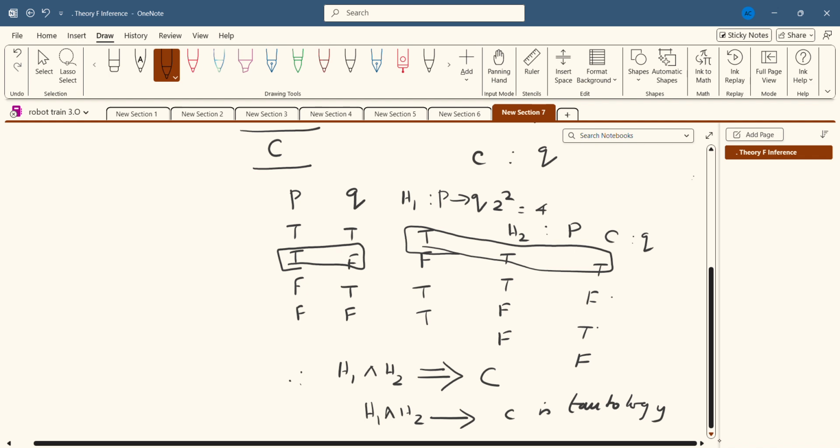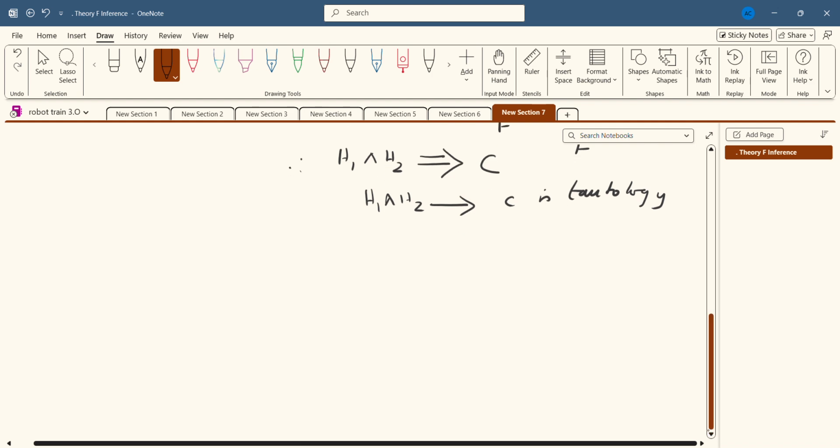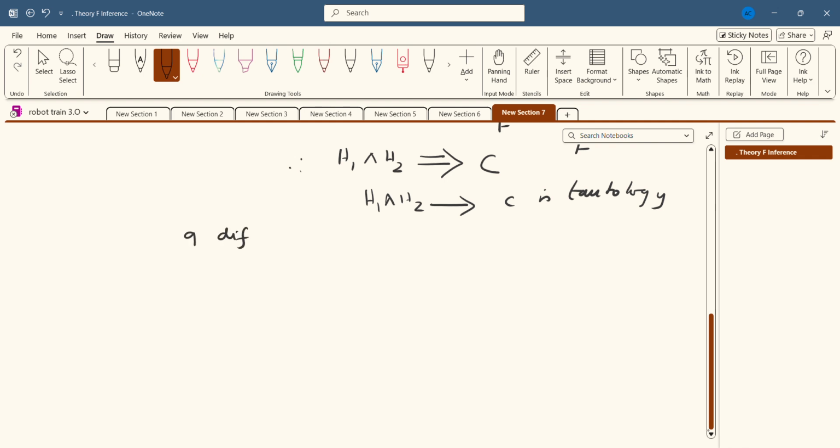So rules of inference. Why do we go for rules of inference? Because already we know we can use truth tables to check whether the given argument is valid or not. But sometimes a truth table is not possible. For example, an argument involves 9 different propositional variables. In that case, how are we going to construct a truth table? A truth table consists of columns and rows.